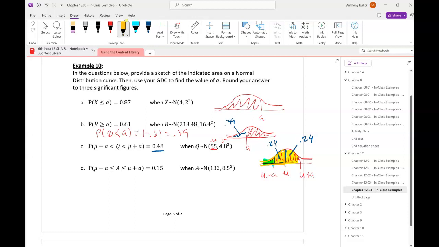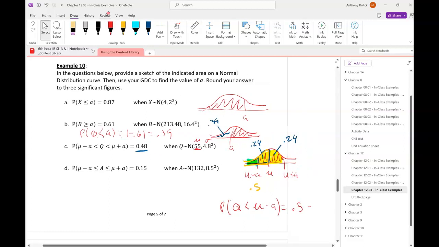Because it's half of the curve. So mu minus the probability that Q is less than mu minus A should be 0.5 minus 0.24. Which is 0.26. So let's calculate what that is.